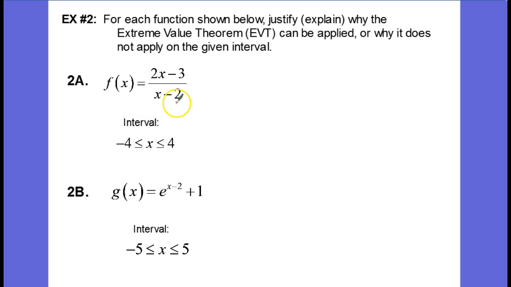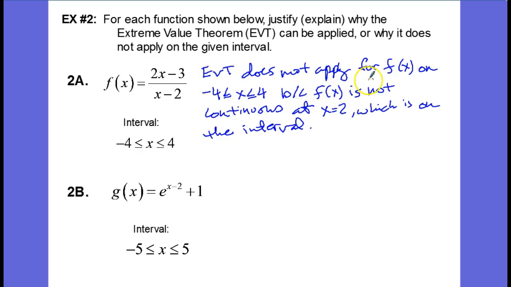So the function is not continuous on this interval because +2 is on the interval from -4 to 4, and the function is undefined at x equals 2. So at least for this one, I'm going to have to say that the EVT does not apply for f of x on the closed interval from -4 to 4 because f of x is not continuous at x equals 2, which is a point on this interval.